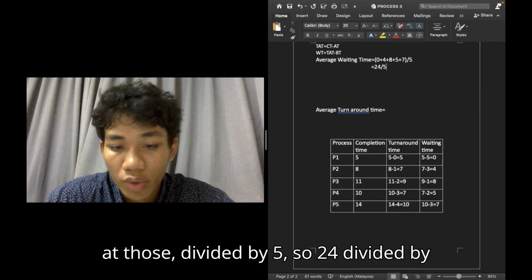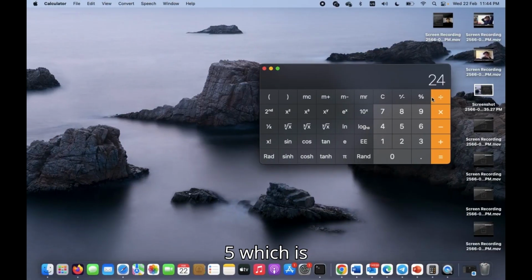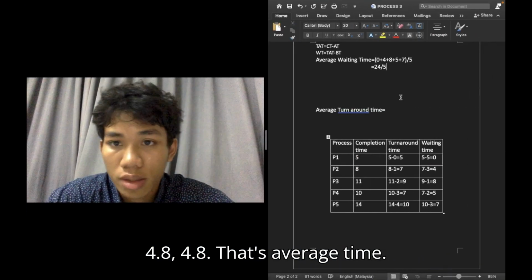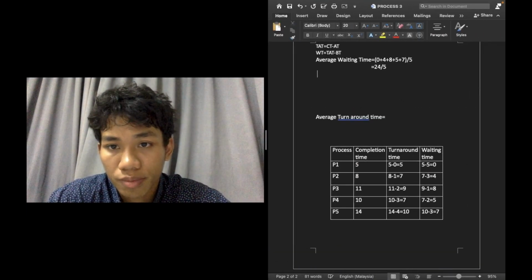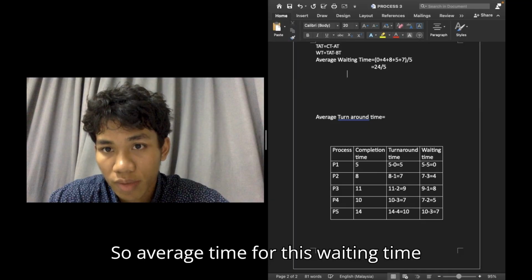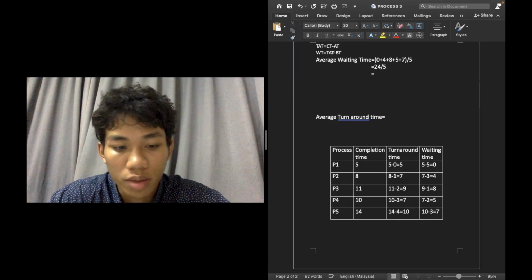Then afterwards, divide by 5. So 24 divided by 5 is 4.8. So the average waiting time is 4.8.